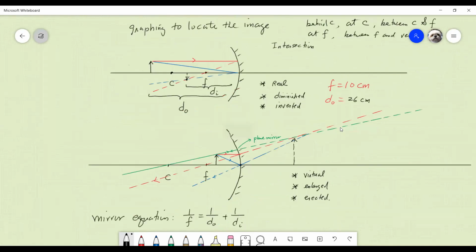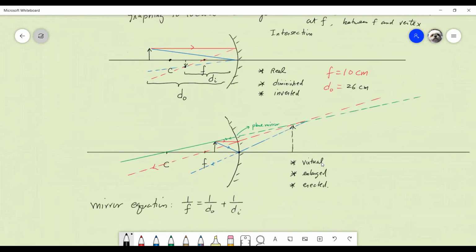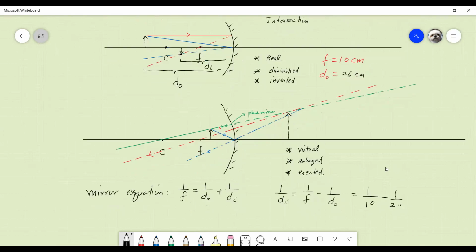Then I can calculate my image distance. So what is 1 over di equal to? 1 over di will be equal to 1 over f minus 1 over do, so therefore 1 over 10 minus 1 over 26.